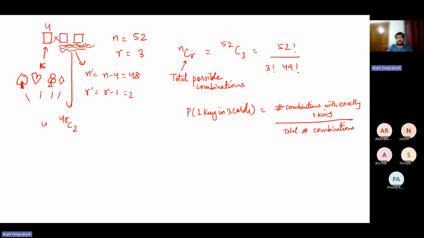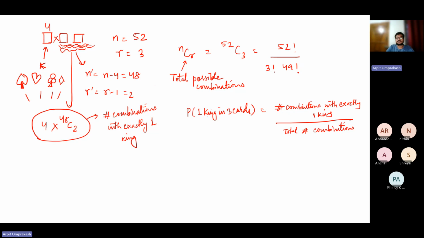So this is multiplied by 4. So that's the total number of combinations in which we'll have exactly one king.